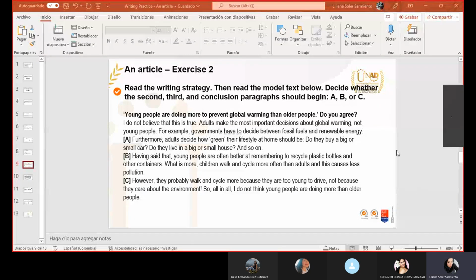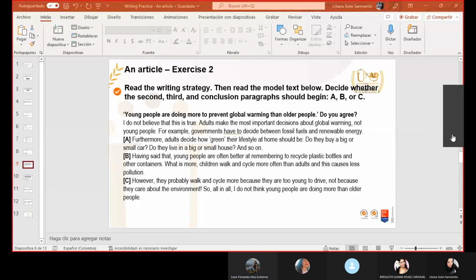Ready? Are you ready? Could you read the text? Yes, teacher. Luisa, could you read the first part, please? From young people to renewable energy.